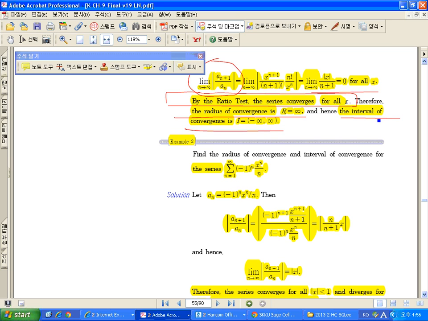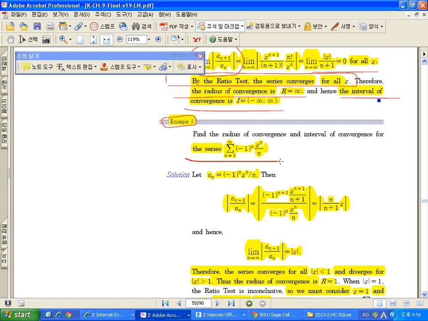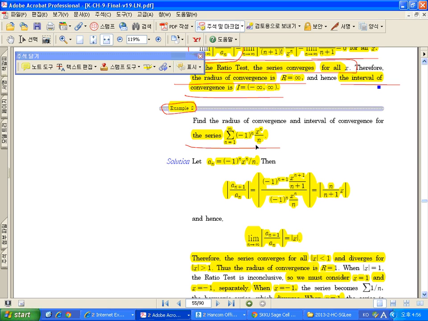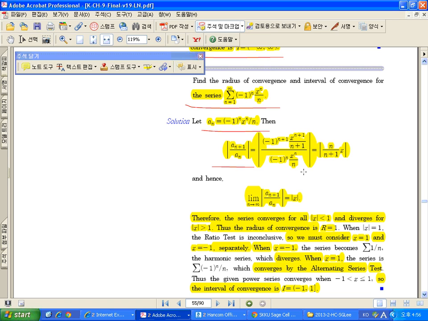But for the second example, the series summation of (-1)^n x^n over n, if we use the ratio test, then we have this term.